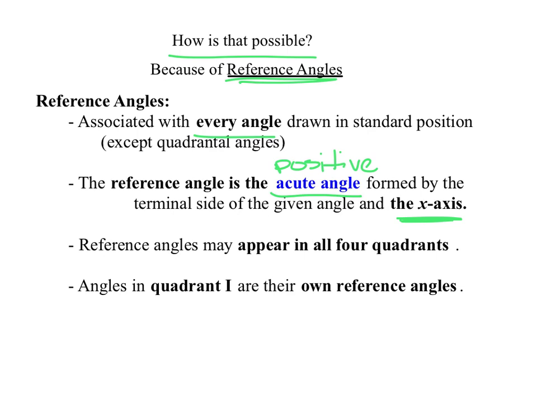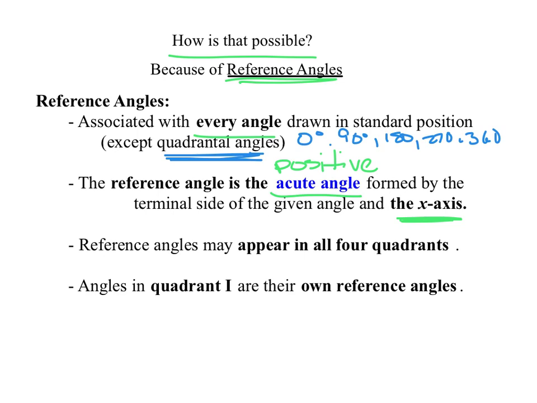The only exception to that rule is quadrantal angles. Just as a quick reminder, quadrantal angles are multiples of 90. So 0, 90, 180, 270, 360, 450, etc.